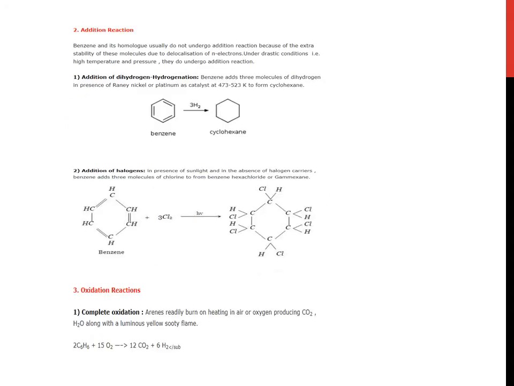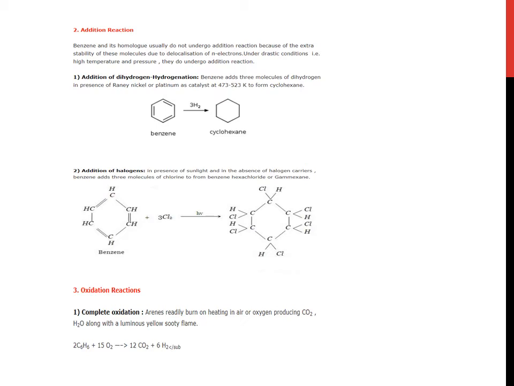Addition reaction. Benzene and its homologues usually do not undergo addition reactions because of the extra stability of these molecules due to delocalization of pi electrons. Under drastic conditions, that is high temperature and pressure, they do undergo addition reactions.